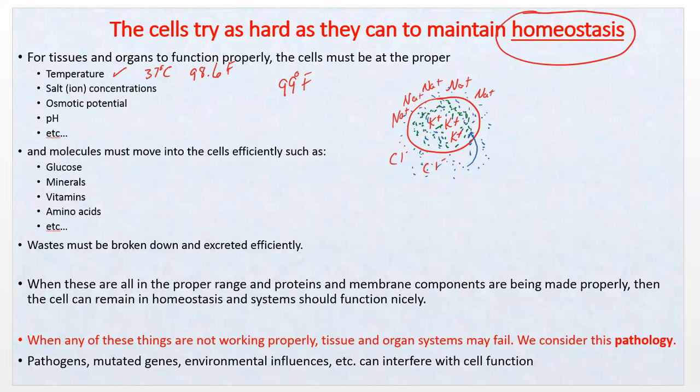And that would then cause that cell to expand, so the concentration would be the same inside and outside. Okay, so since the particles can't move, then the water would then move in, and that would cause the cell to bulge out. Okay. All right.